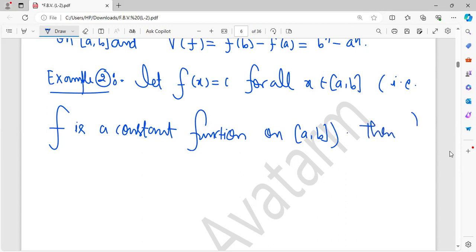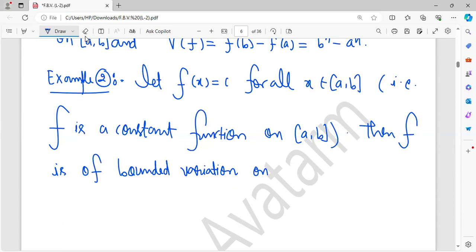Then f is a function of bounded variation. How?